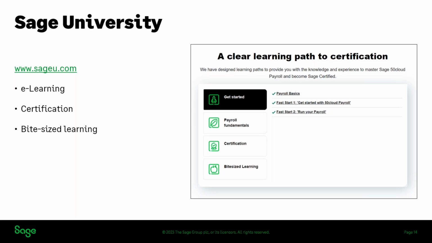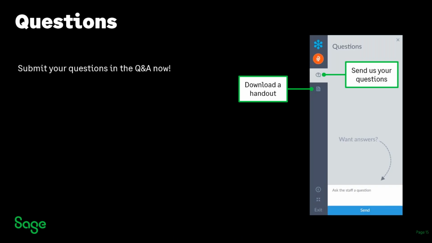You can get badges and certifications that can go on your CV if you wish, and share on social media, of course. So I do advise having a look at that if you get a spare moment, which I know is always a rarity when running payroll, but if you do ever get that spare bit of downtime, do head over to sageu.com.